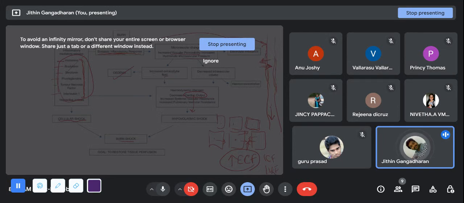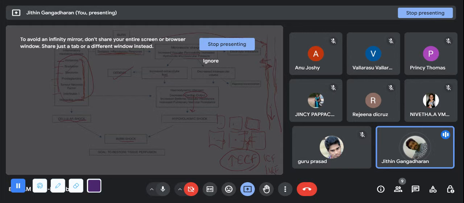When these vascular changes happen, there will be electrolyte imbalances and the extracellular fluid is increased, a condition known as edema.